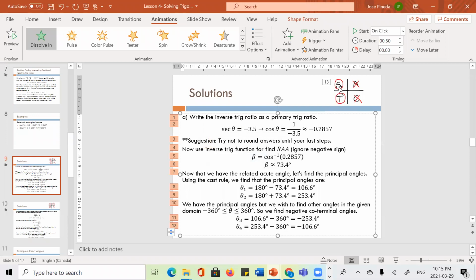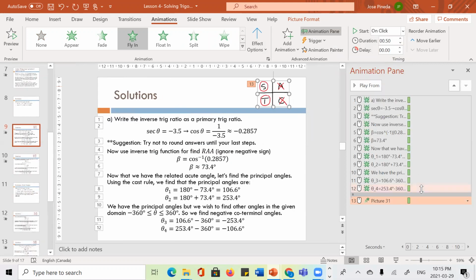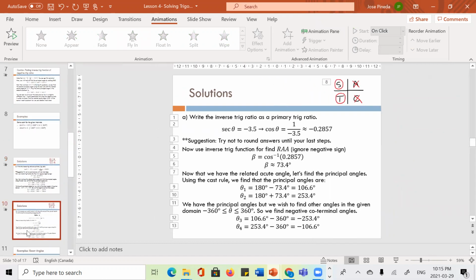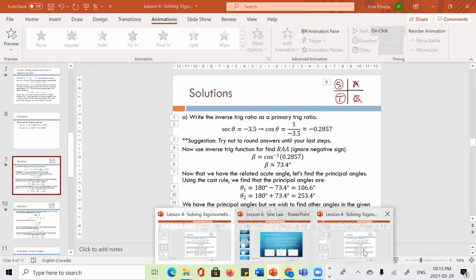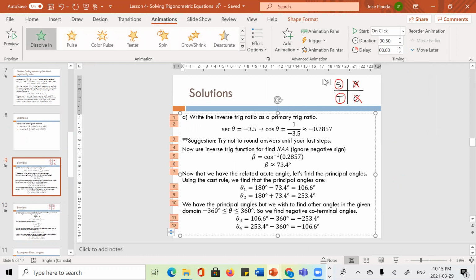Sorry, I just want to make a small change here because I like the animation to be in the same order. I apologize, guys. I just want to switch this now because sometimes I totally forget later to do it. So I'm going to move this up. Okay, there we go. Perfect. And I will also change that on the other one because if not, I will totally forget. Apologize, guys. Let me just make this change here.